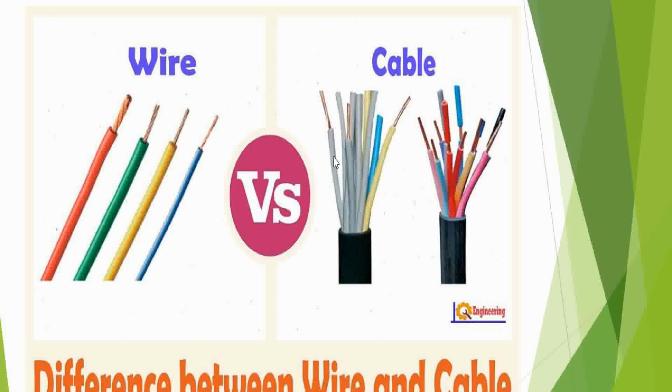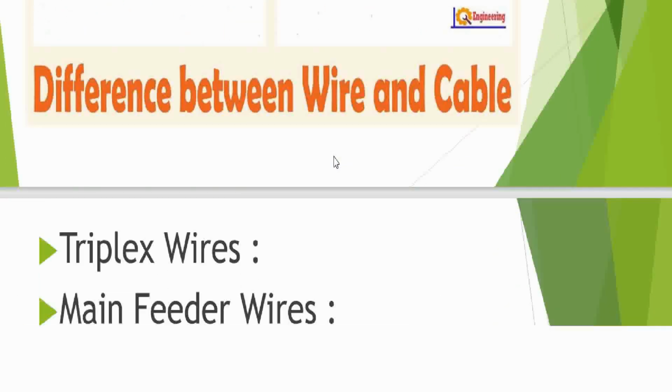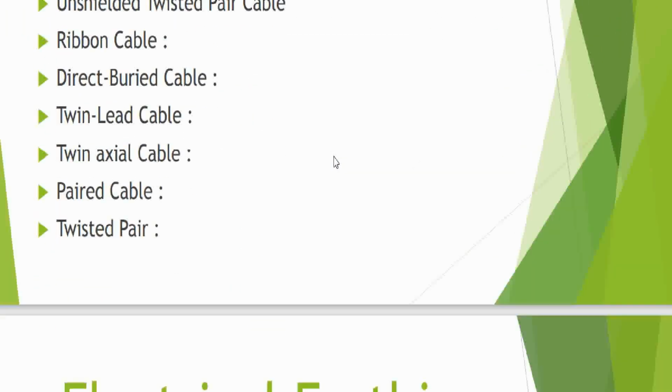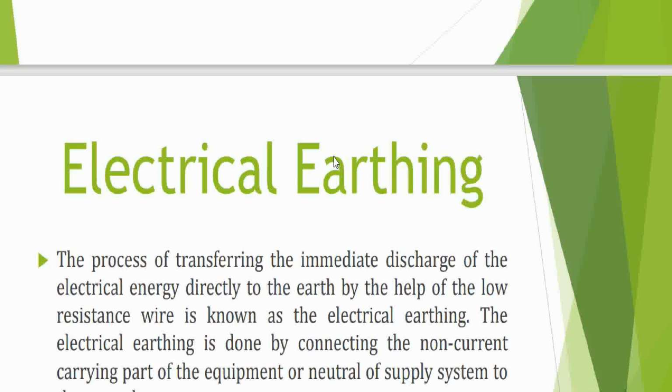Super tension cables are 22 kV to 33 kV. Extra high tension cables are 33 kV to 66 kV. And the last one is extra super voltage cables. Beyond 132 kV, we use extra super voltage cables. So this is about the voltage levels of your wires and cables.